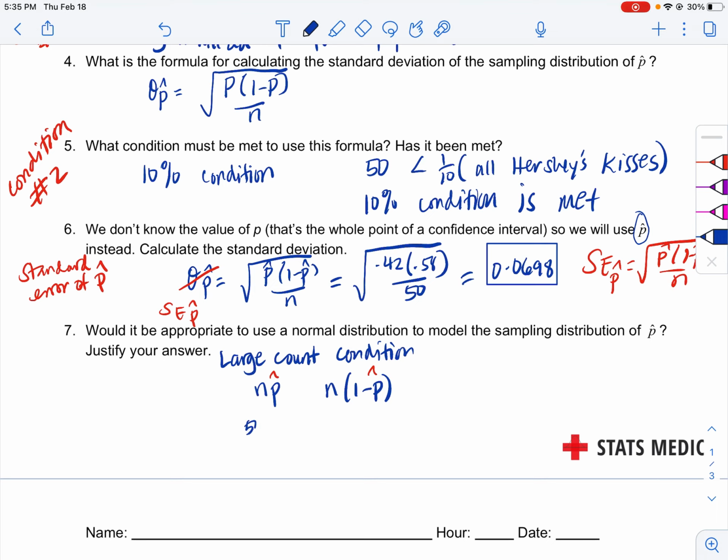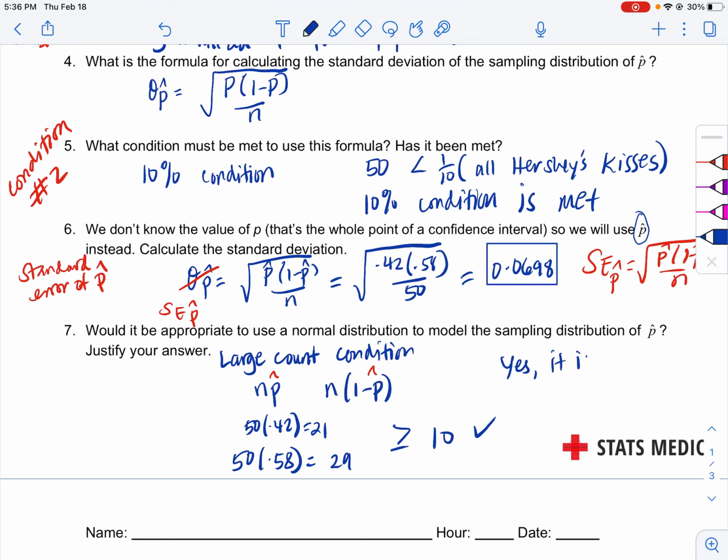N is 50 times 0.42, which is 21. And then we have 50 times 0.58, that is equal to 29. Both of these are greater than or equal to 10.